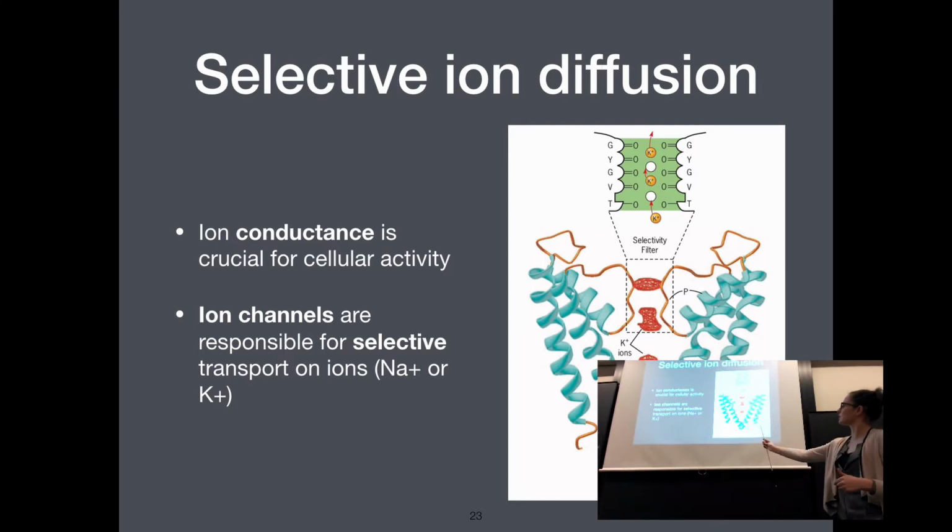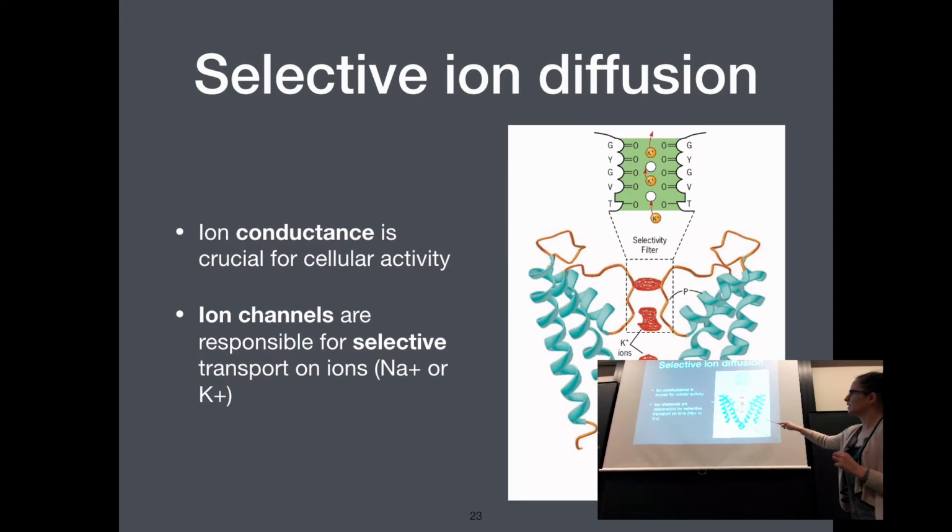You're just not seeing the two helices in the front and the two helices in the back. The potassium ions can go through this axis from the intracellular medium via this gate that is actually open if you look at it in 3D, though it looks closed here, and then through the selectivity filter.